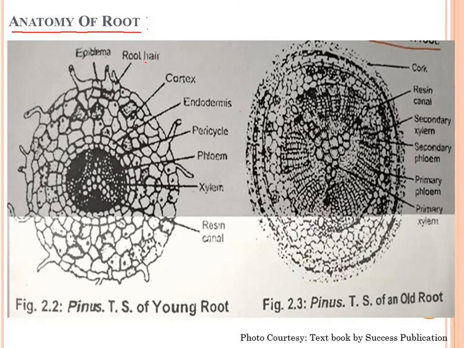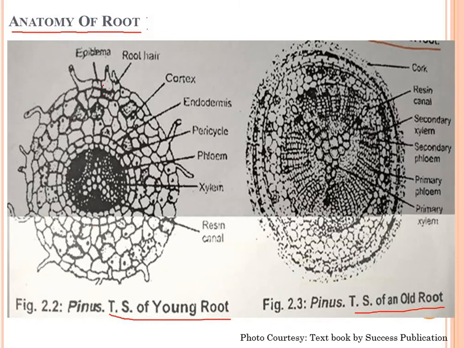Now we are going to study the anatomy of root, meaning the internal structure of root. See, the first diagram is the Pinus TS of young root, and the second diagram is the TS of old root. TS means transverse section. If we take a section of young root and old root, what is the difference between young root and the old root?